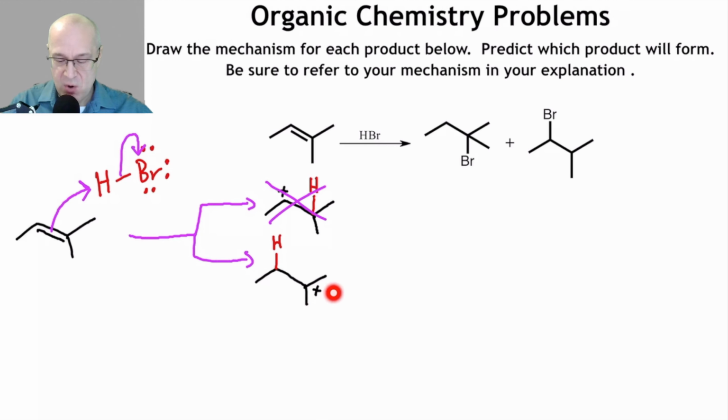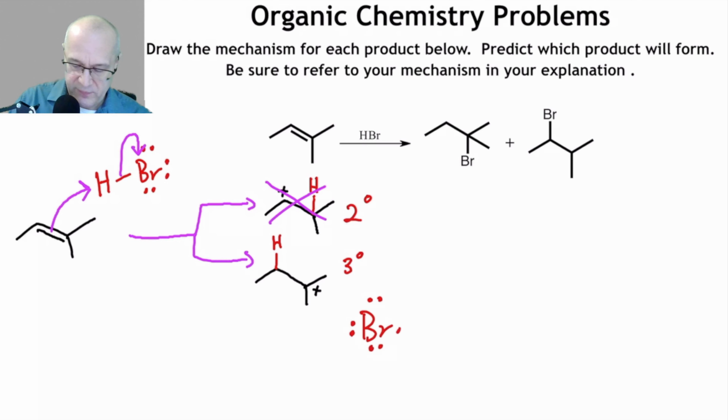So this is a lower energy carbocation. It will form in preference to the higher energy secondary carbocation. This is secondary. This is tertiary. Tertiary carbocations are much more stable. You guys already know that. So there's no need to belabor this point. So what happens next?